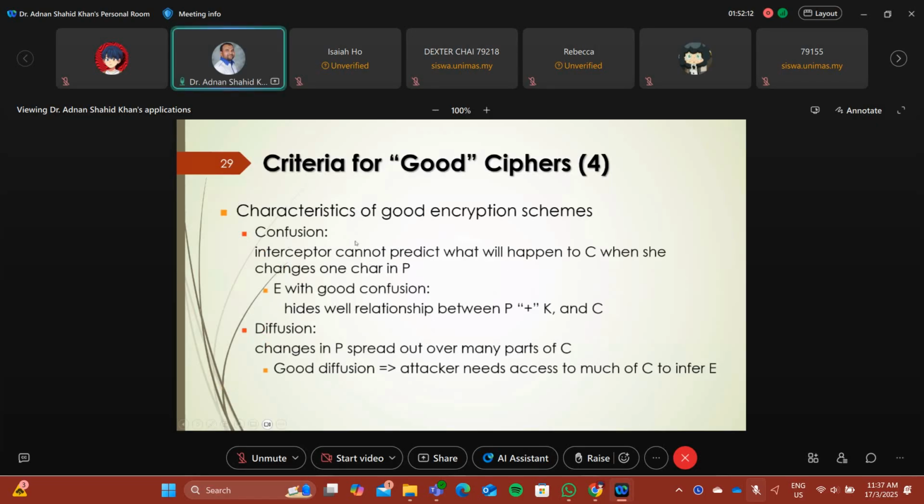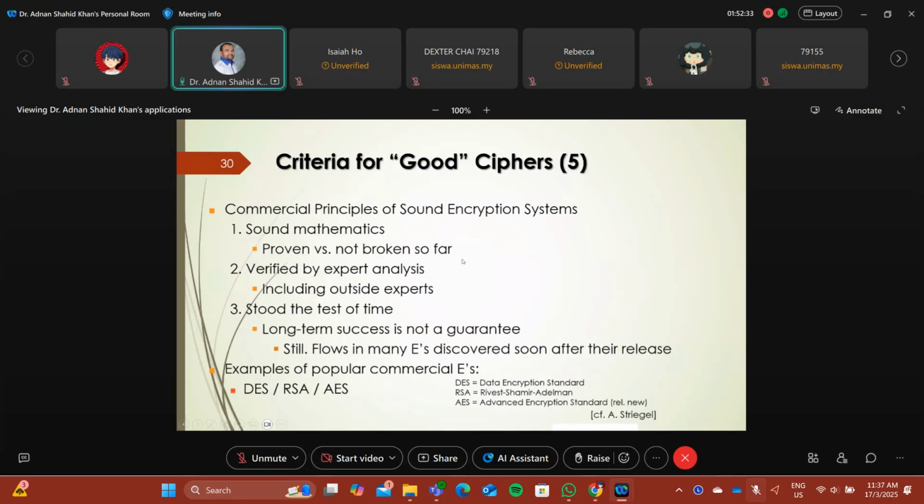Confusion: the interceptor cannot predict what will happen to C when she changes one character in P. An encryption with good confusion hides well the relationship between P plus K and C. Diffusion: changes in P spread out over many parts of C. This is a literature review, you can read it by yourself.